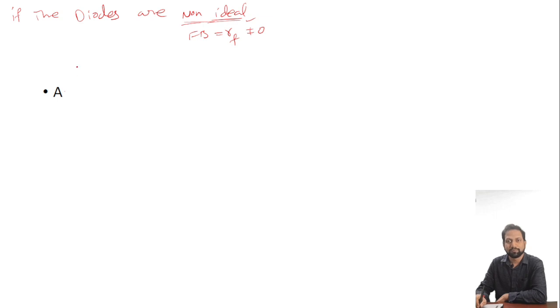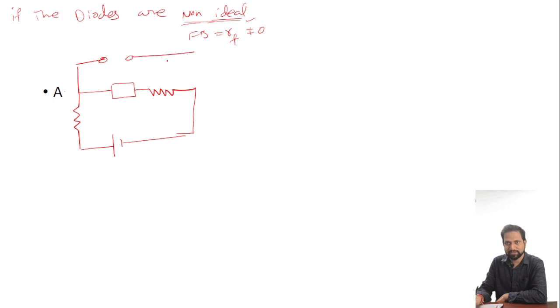So we have to figure out which is in forward bias and which is in reverse bias. Wherever the diode is in forward bias, you have to consider a potential drop across it. Reverse bias is as it is, like in the case of an ideal diode; for an ideal or non-ideal diode, reverse bias is the same thing.